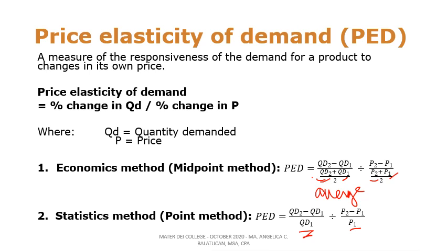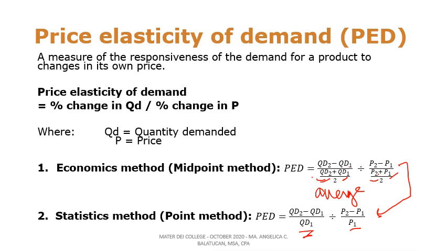So wala siya gi-average. Looking at the numerator, we simply get the difference between the quantity demanded 1 and the quantity demanded 2. And the same with the price, you have the difference between the price 1 and the price 2. The same goes with the point method. So they're just basically the same. Again, ang difference lang nila is on the denominator.